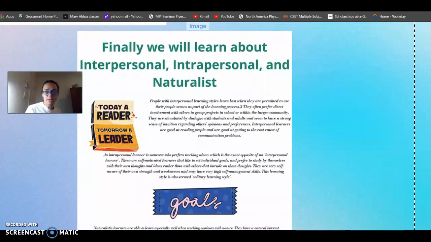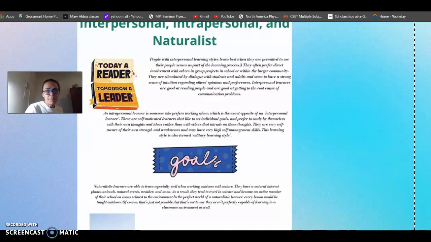And then finally, we'll talk about interpersonal, intrapersonal, and naturalist. Now, the people with interpersonal learning styles learn best when they're permitted to use their senses as a part of learning. They often prefer direct involvement with others in group projects.